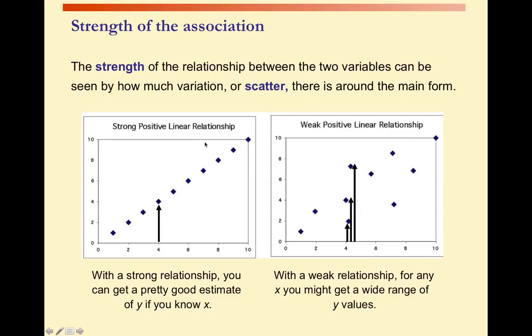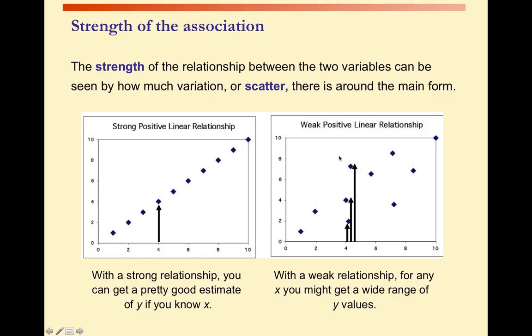The strength of a relationship is seen by how much variability or scatter, or how fuzzy or how fat the line is. So this is a very strong positive relationship because everything is very tightly packed on a line. If I had to put a belt around the data here, the belt is very, very tight.